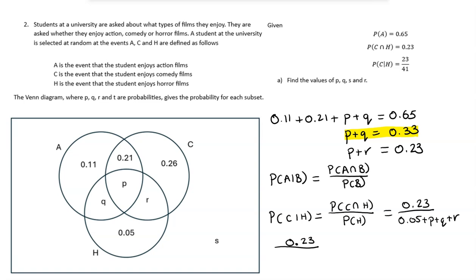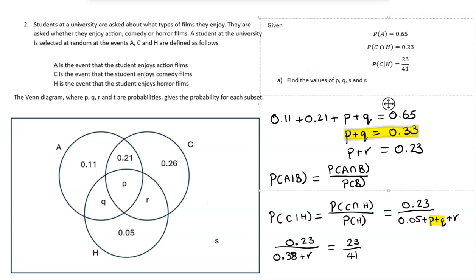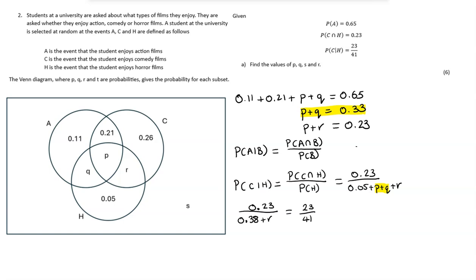So I get 0.05 plus 0.33 plus R, and that's going to equal 23 over 41. What I can then do is solve that equation to find R. So R is just going to equal 0.03 when I solve that.